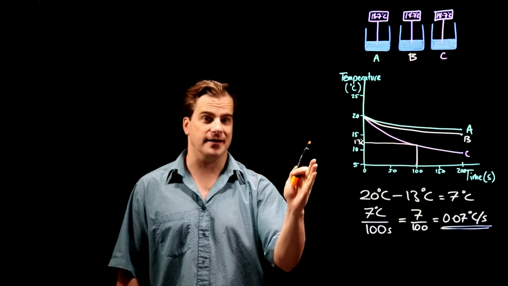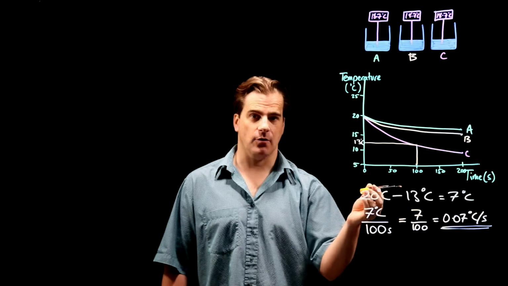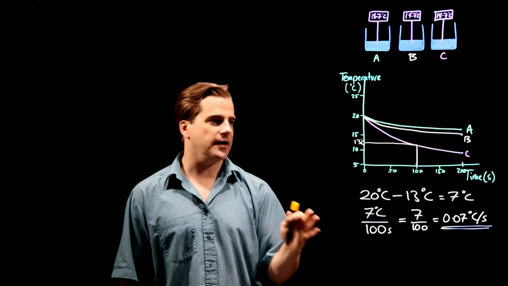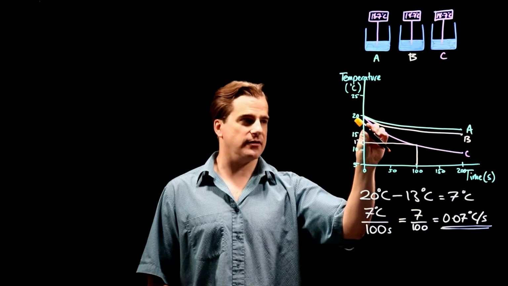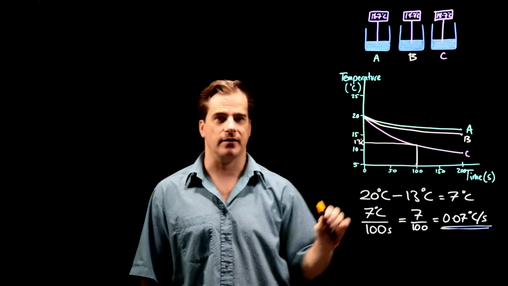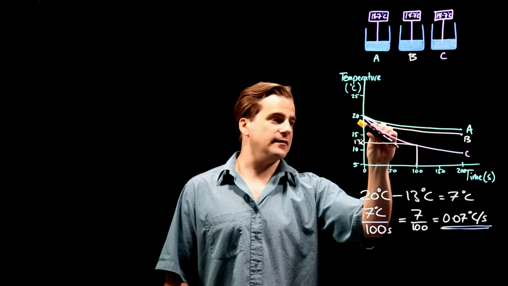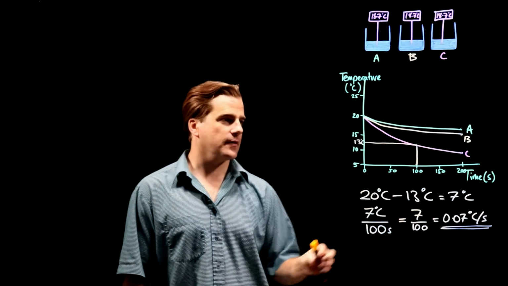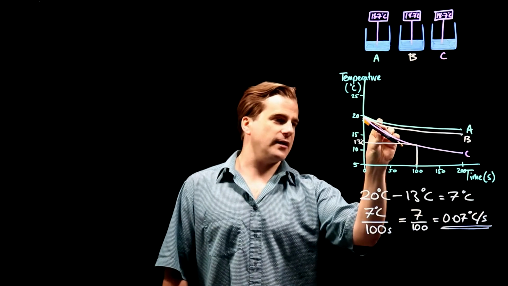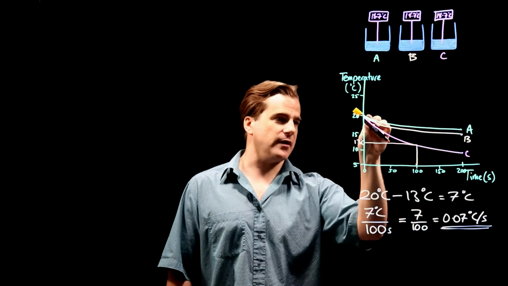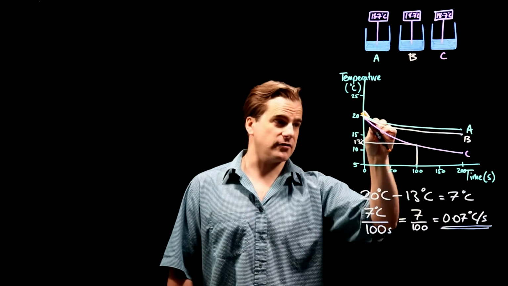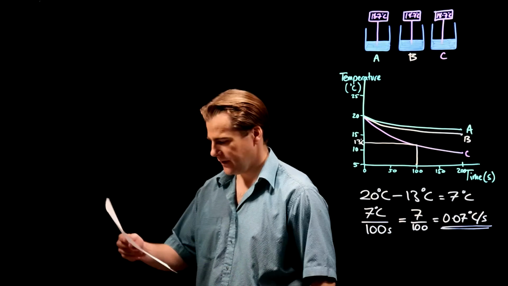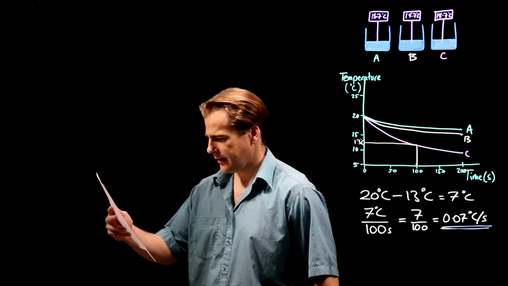They're asking about the rate, and that's the slope. So the answer is that the rate of temperature decrease is greater at the start than at the end. Or we could say that the rate decreases for all three as time goes by. If the rate is greater here than here, that means as time goes by, the rate is actually decreasing because the slope is getting less. Okay, enough. What's next?